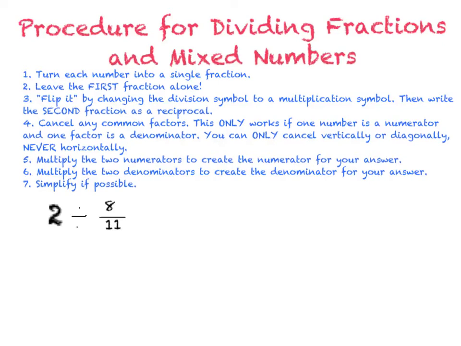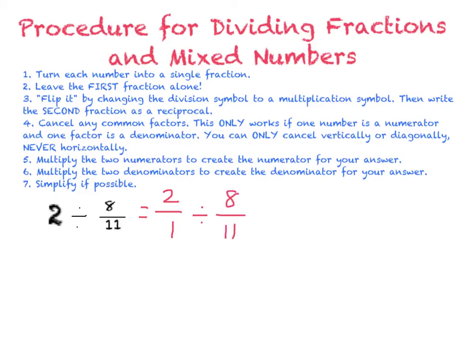I remember from a previous lesson that any whole number can be rewritten as that whole number over a denominator of 1. And again, if I try to change 2/1 into a mixed number, I end up getting just 2. There's no remainder. So I can rewrite 2 as 2/1, and the second one I don't need to rewrite because 8/11 is already a single fraction.